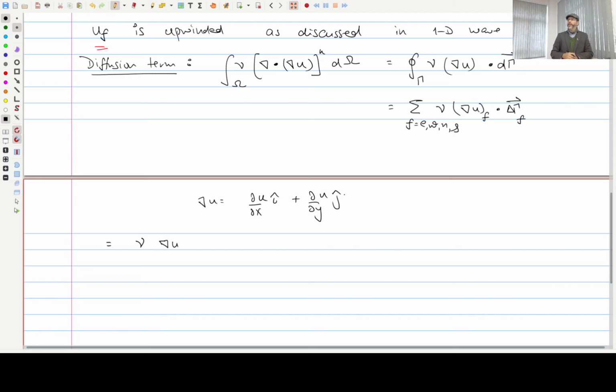That's what the gradient of a scalar is. The gradient operator is del by del x i hat plus del by del y j hat, and the scalar is u here. So when you do grad u dotted with the normal, we're talking about the east face. The east face normal vector is i hat. So we get the first component. We get del u by del x only at the east face, and then the area magnitude is delta y.